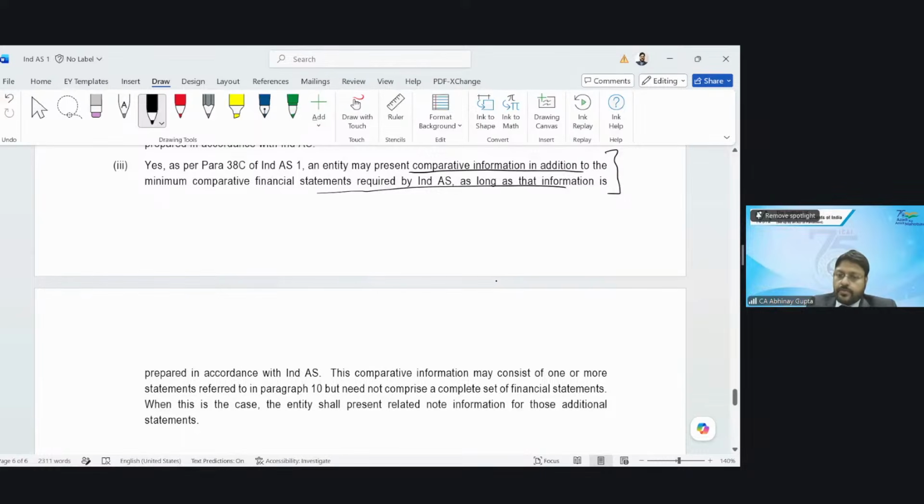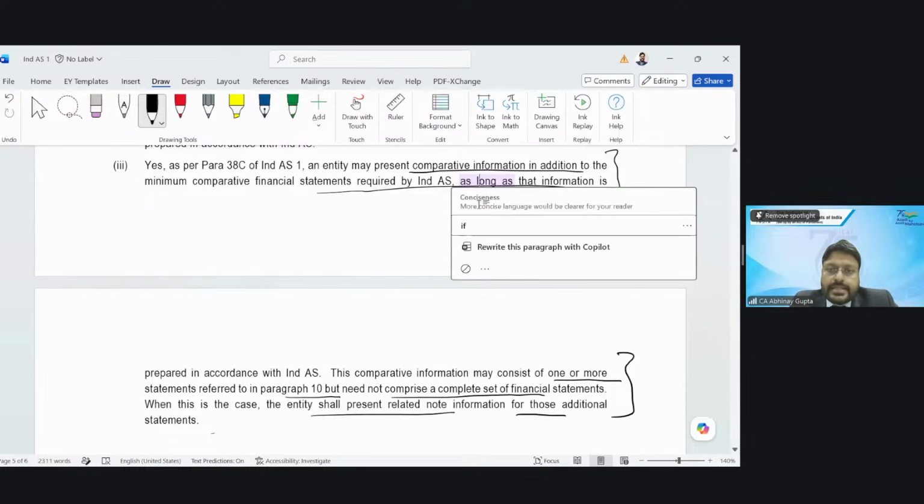This comparative information may consist of one or more statements referred to in paragraph 10, but need not comprise a complete set of the financial statements. In this case, the entity shall present the related note information for those additional statements, right? So if you are going to present it, you can present it for all the other statements as well as the notes if you wish so, right? So that was para 38C.